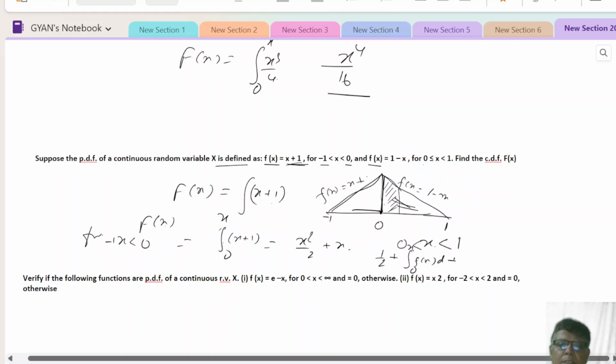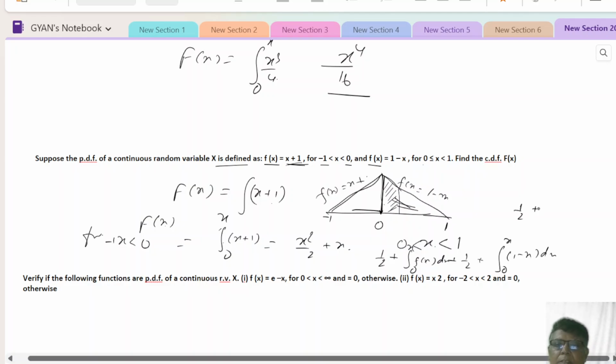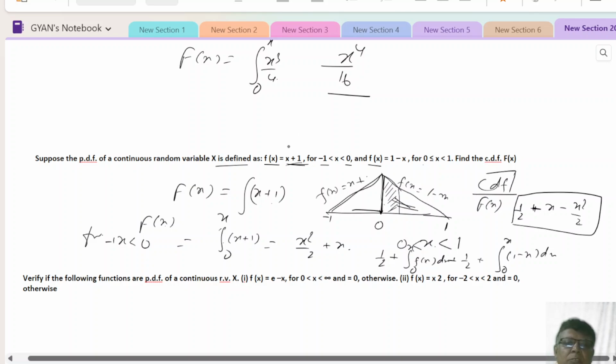So half plus the integral from 0 to x of f(x), which is 1 minus x, dx. So half plus x minus x square by 2. This is the cumulative probability distribution function. So the PDF here is piecewise, so the CDF can also be defined piecewise.